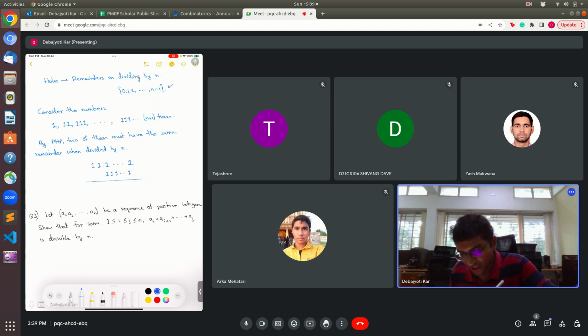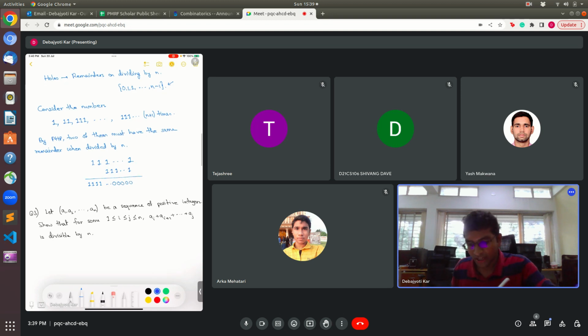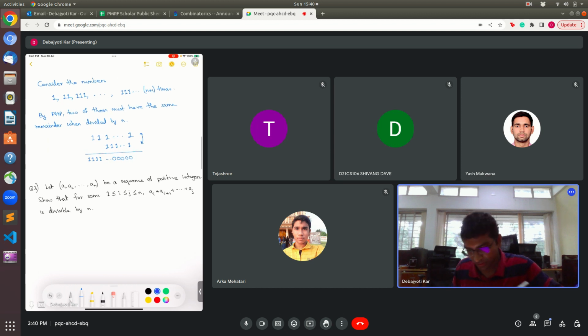If we subtract this, what will we get? We'll have some sequence of ones followed by some sequence of zeros, right? And this number is divisible by n because both of them have the same remainder. So their difference is divisible by n, and the difference consists of a sequence of ones and zeros only, right?